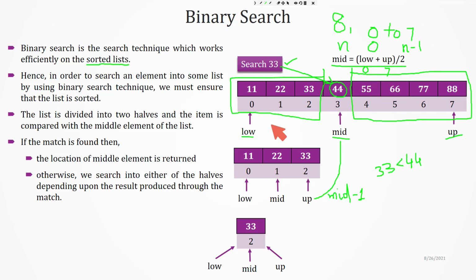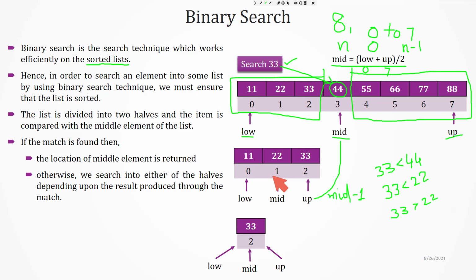Then again I will compare whether 33 is equal to 22. 33 is not equal to 22. Then I will check whether 33 is less than 22. It is also false. Then we find 33 is greater than 22.